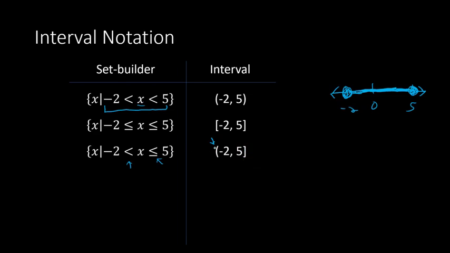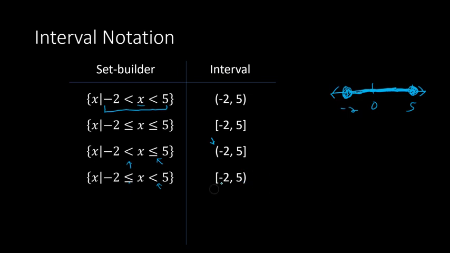So it's a combination of a parentheses and a bracket. And here's another example where we switch, where now we have a less than or equal to and then a less than. Same idea, where the less than or equal to sign can be translated over here in interval notation as a bracket, and then this less than sign for the 5 can be translated as a parentheses.